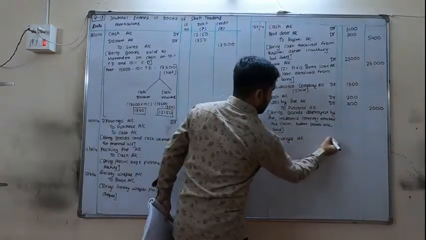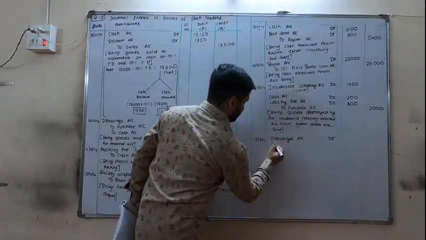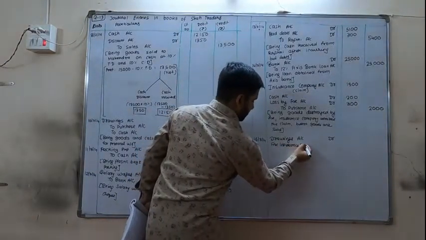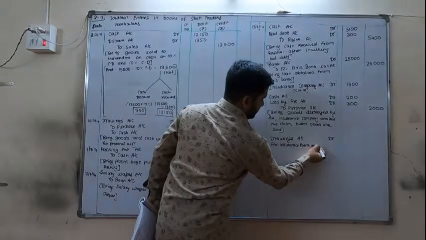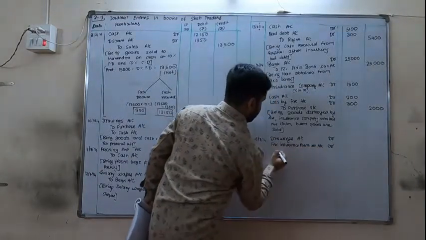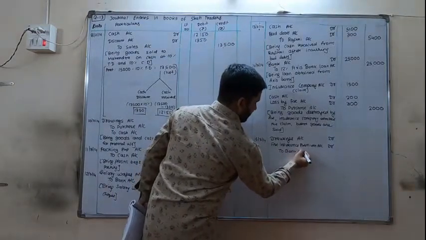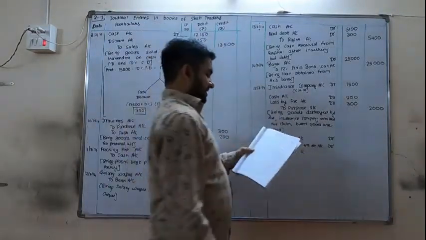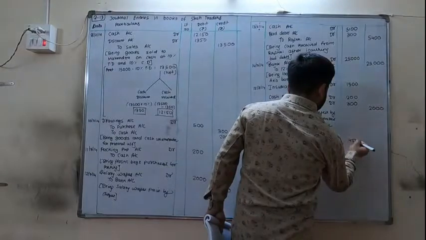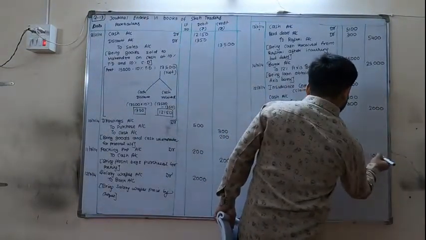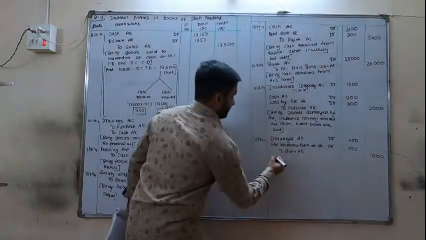So drawings account debit, fire insurance premium account debit, to bank account. Of son it is 450. Of fire it is 550. So total we are paying 1000.